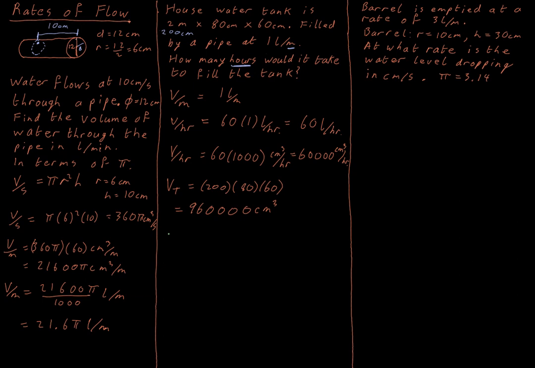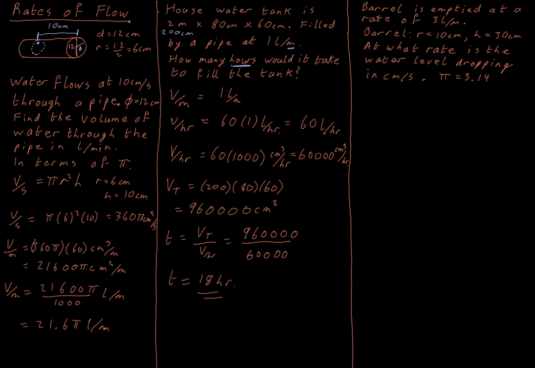So now to find the time to fill, that's going to be my volume divided by my flow rate. And we write that in, and we get 18 hours to fill our tank.